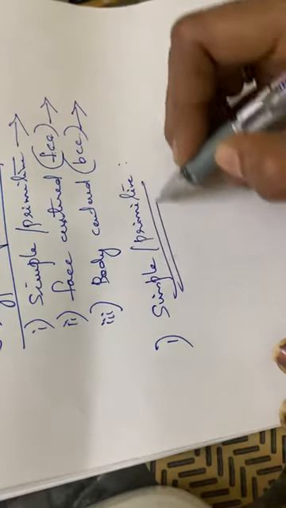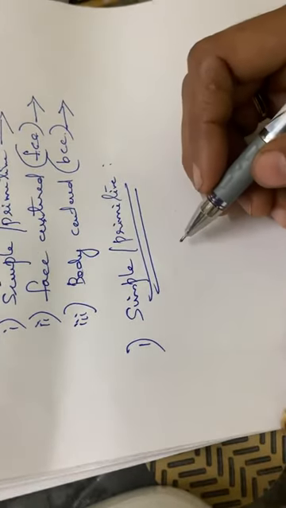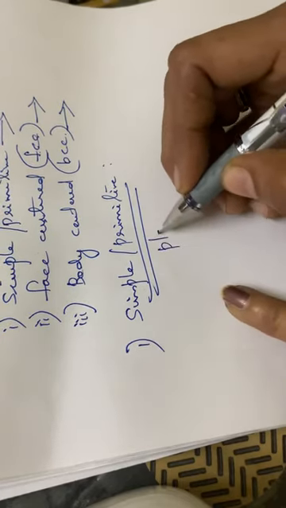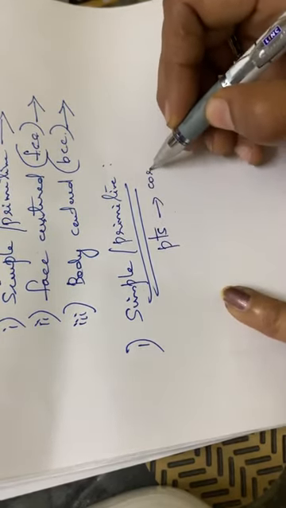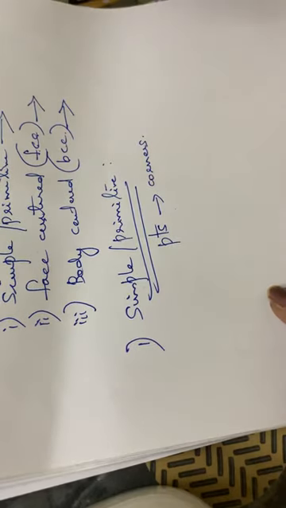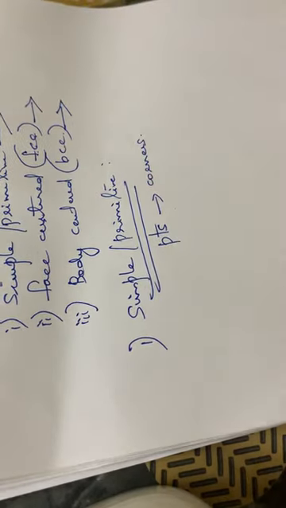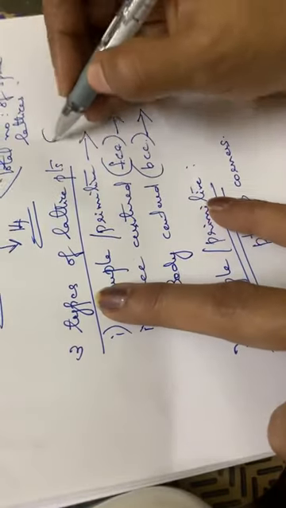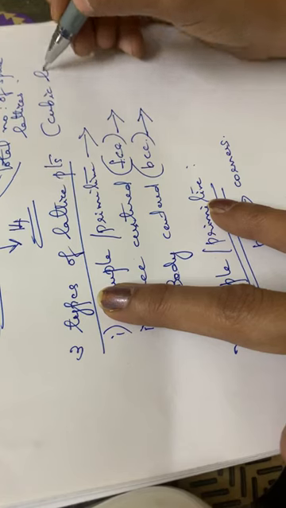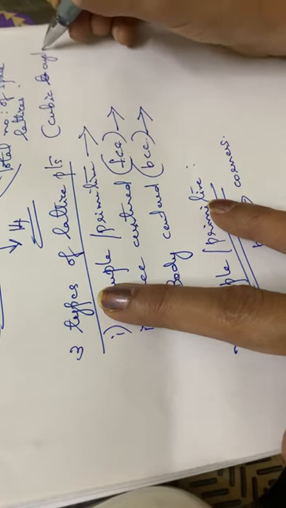For a simple or primitive lattice, if the points are at the corners, we can say that it is a simple or primitive lattice. These 3 types of lattice are in the case of a cubic crystal system.